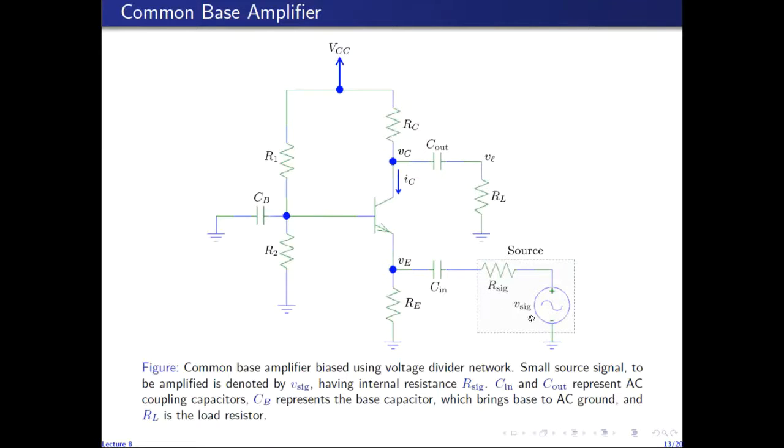From the analysis of the circuit, we know that V sig divides itself between R sig and the resistance seen looking into the input of the amplifier, which is the resistance seen looking into the emitter terminal. So the voltage across the emitter is given by a fraction of V sig. V sig divides itself between R sig and Ri, where Ri is the resistance seen looking into the emitter.